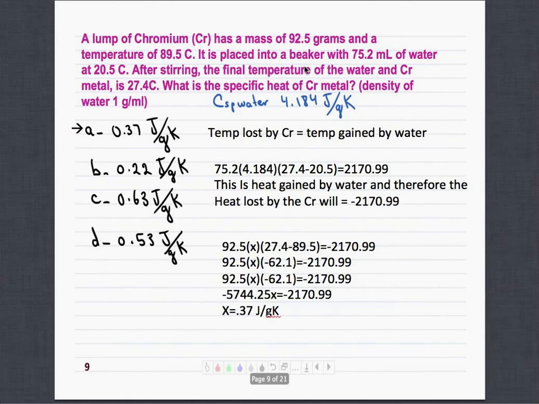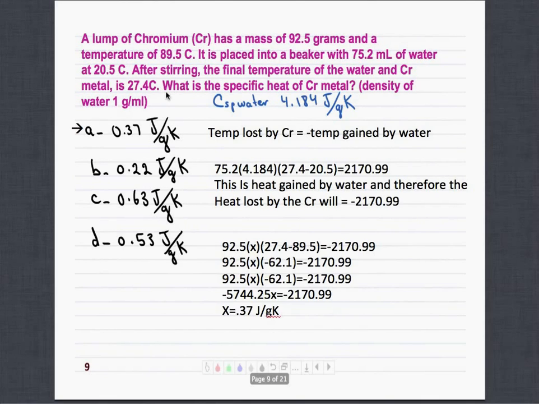Now, we know that Q lost equals minus Q gained. The one that lost is clearly Q chromium, and the Q gained is water. Now the first thing: I have a volume, I don't have a mass for water. Yet I have the density, and the density is the mass over the volume.